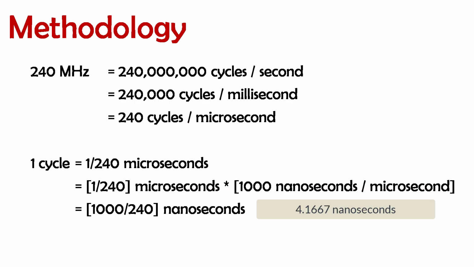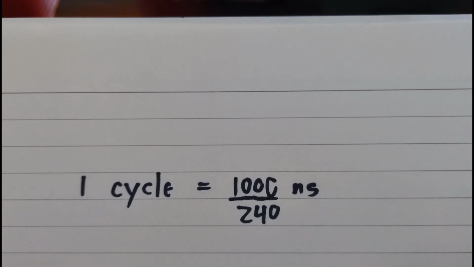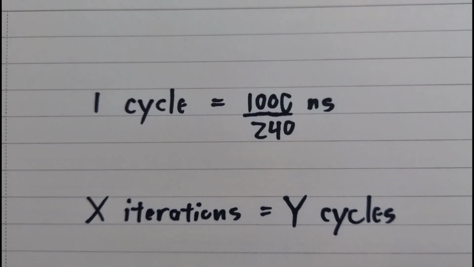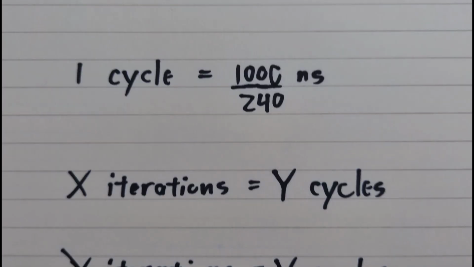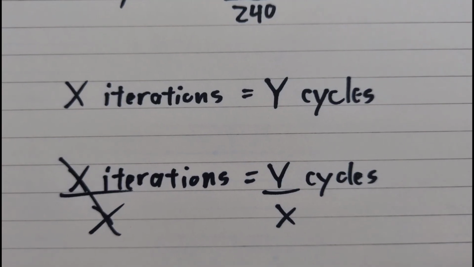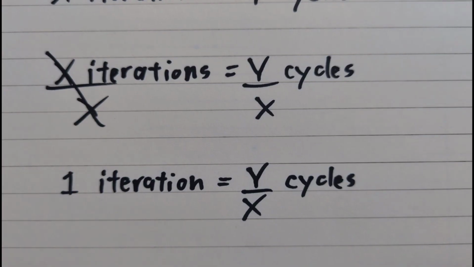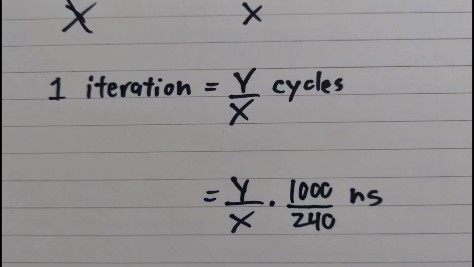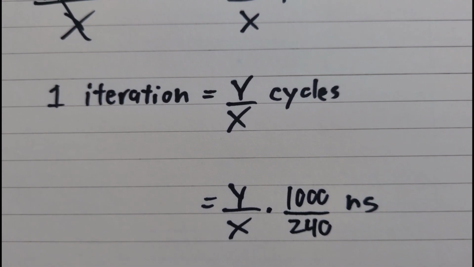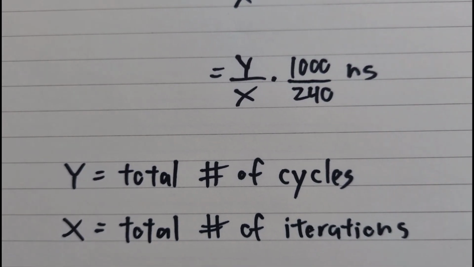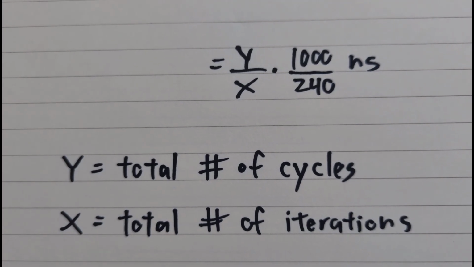This next part's not a joke. I had to go back to 7th grade math, Mr. Cartmel, to work out this problem in my head. So if one cycle is 1,000 divided by 240 nanoseconds, and we can find that x iterations takes y cycles, then we can divide both sides by x, cancel out x, and that means one iteration will take y over x cycles, which is the same as saying y over x times 1,000 divided by 240 nanoseconds, where y equals the total number of cycles and x equals the total number of iterations.